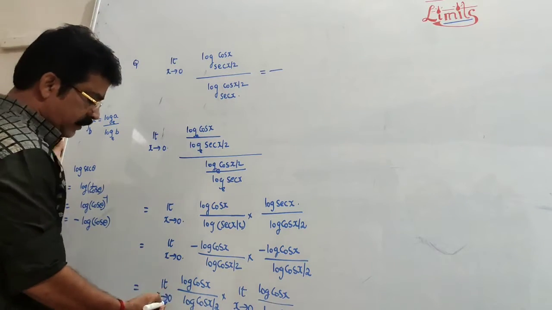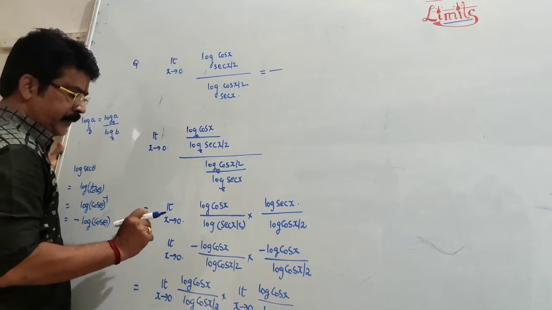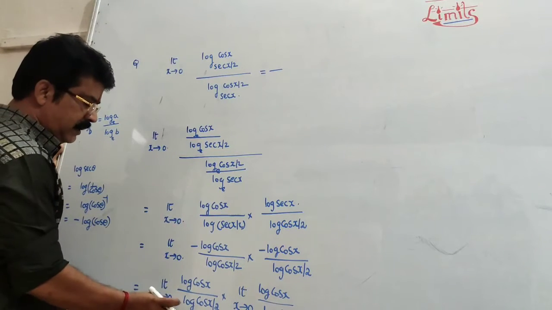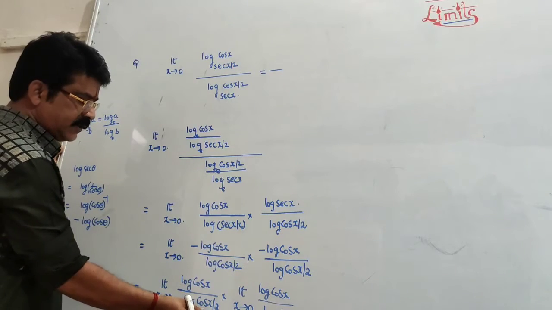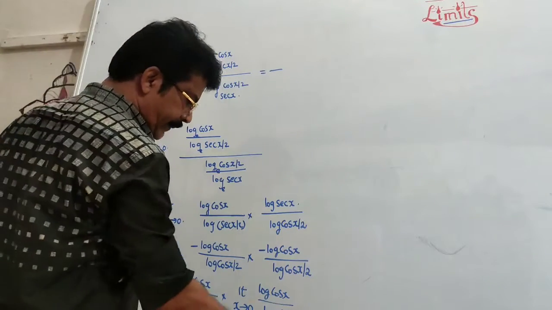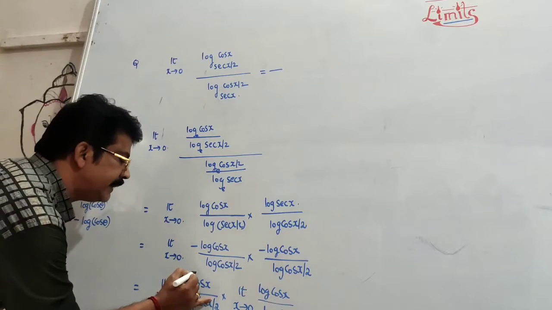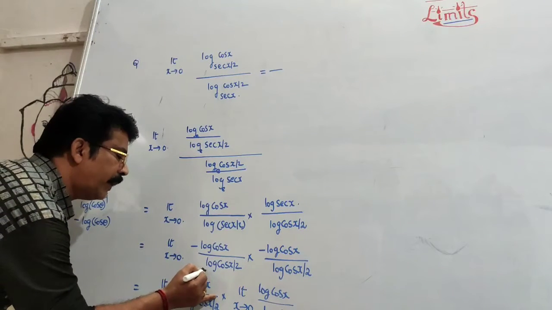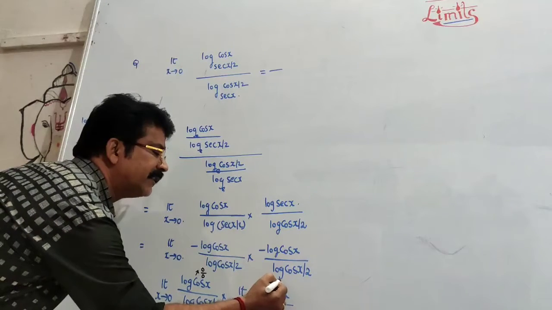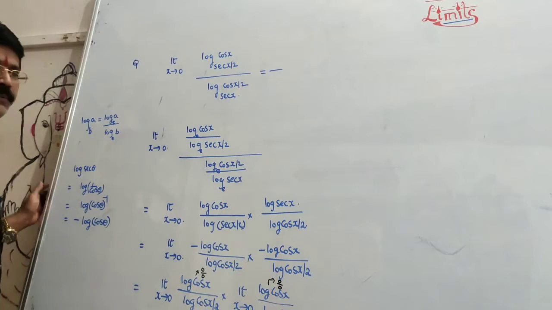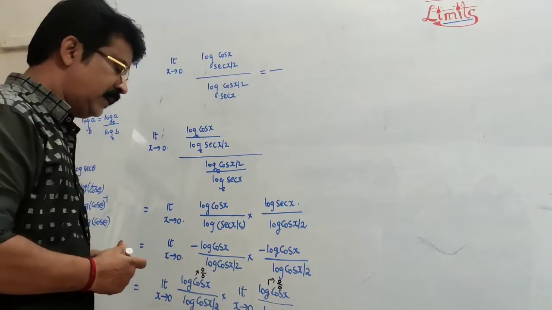Now first put x equal to 0 directly. X equal to 0, cos 0 is 1, log 1 is 0, so it is 0 by 0. It is also giving 0 by 0 on putting x equal to 0 directly.